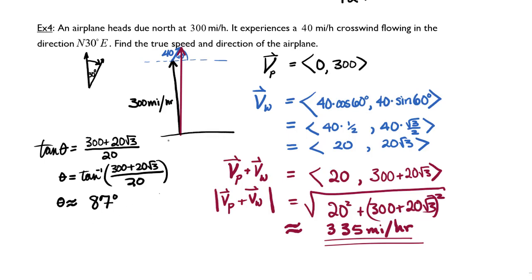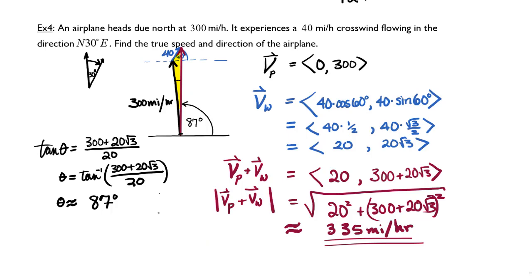That doesn't make really that much sense because we were measuring off of north. If we wanted to say what this was with respect to north, due north, if this is the angle that is 87 degrees off of standard position, the angle here that we're looking for is how far it is away from actual due north, which is whatever would make up the remainder to get to 90 degrees.